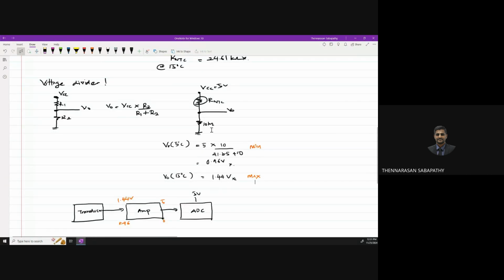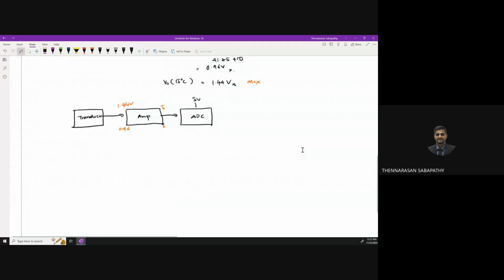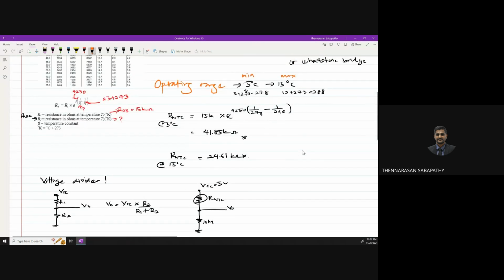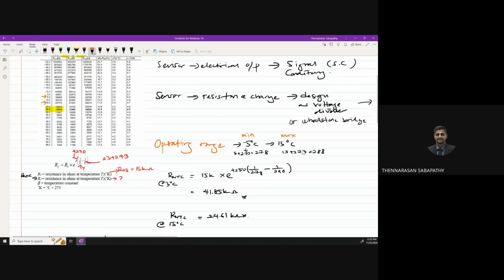So maybe our range is at 7 degrees Celsius. At 7 degrees Celsius, okay, where to write? Okay, here. At 7 degrees Celsius, what we can name on this one as 5 to 15.